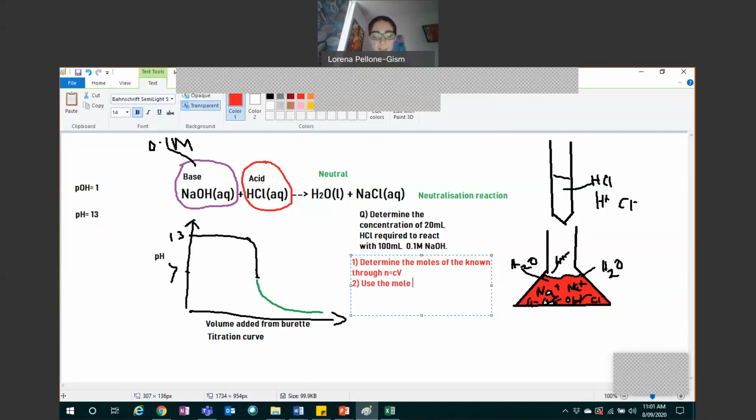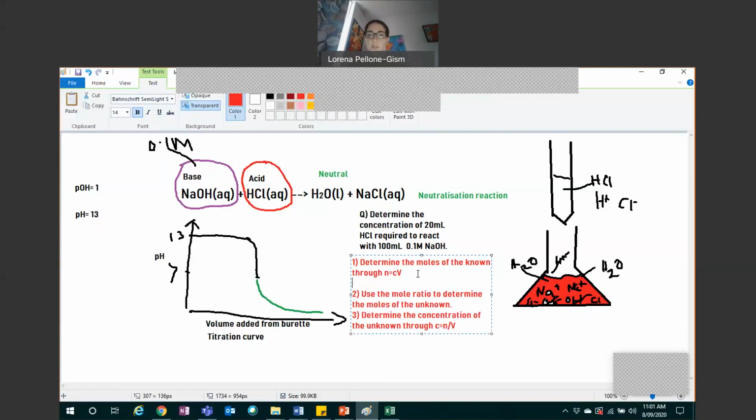Use the mole ratio to determine the moles of the unknown. And step 3, determine the concentration of the unknown through c equals n over v. So let's work that out for this question.